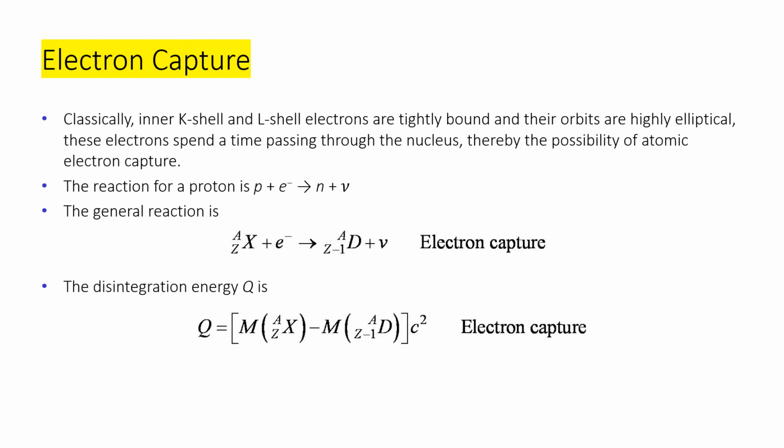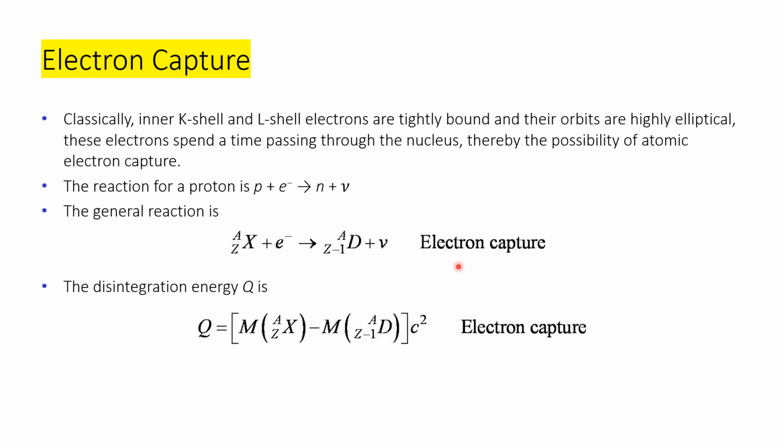There is one other form of beta decay, and we call this electron capture. Classically, because your inner K shell and L shell electrons are tightly bound and their classical orbits are highly elliptical, these electrons spend a reasonable amount of time passing through the nucleus, thereby increasing the possibility of atomic electron capture into the nucleus.